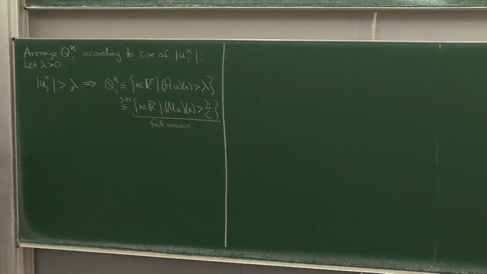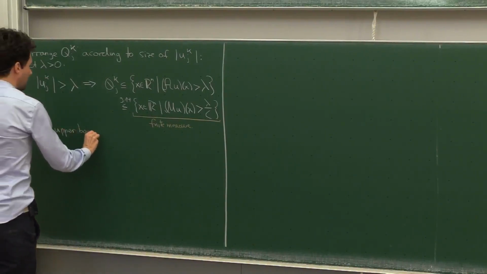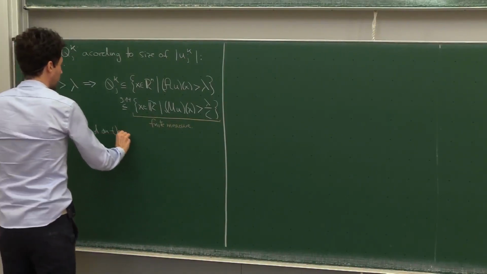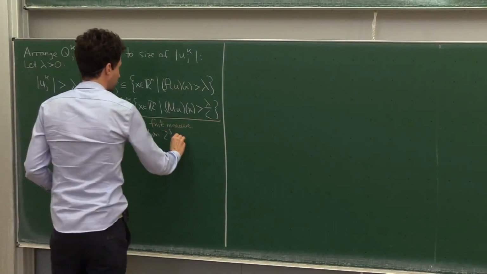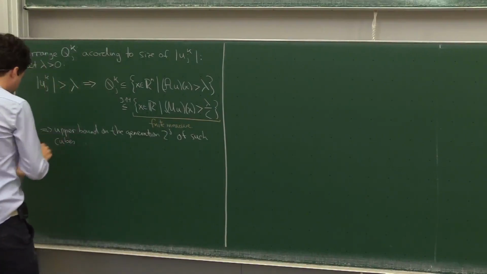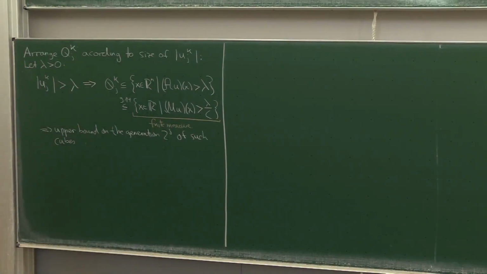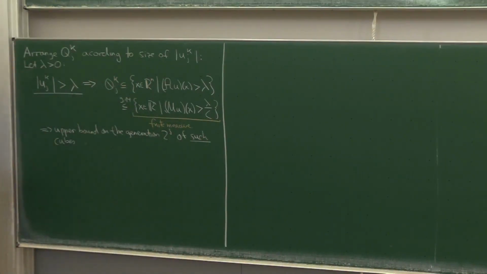Now, if this is finite measure and it contains these cubes, this means that these cubes cannot become arbitrarily large. So it means that there is an upper bound on the generation 2 to the j of such cubes, where the word such is making reference to the property that the average was large.